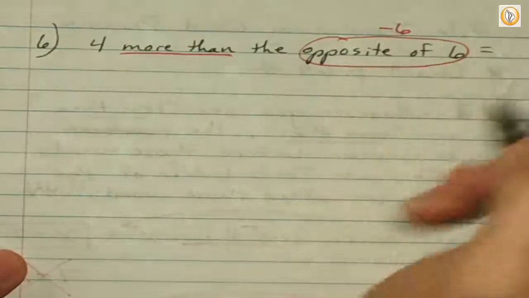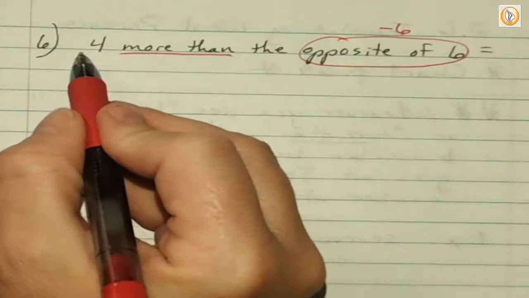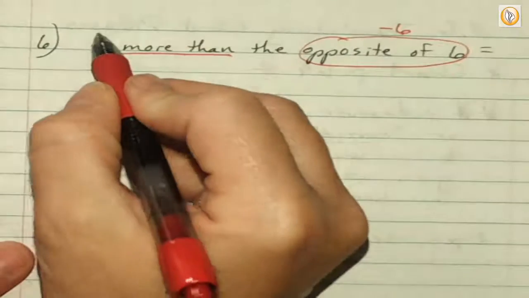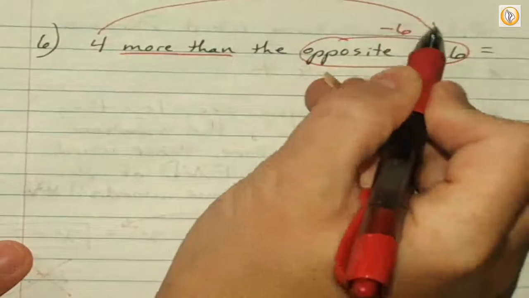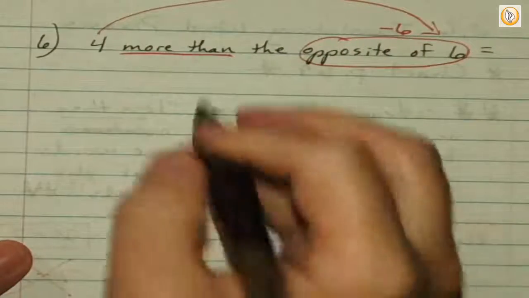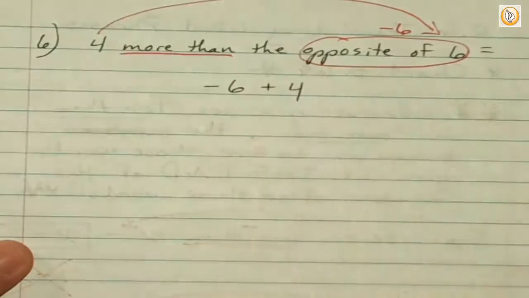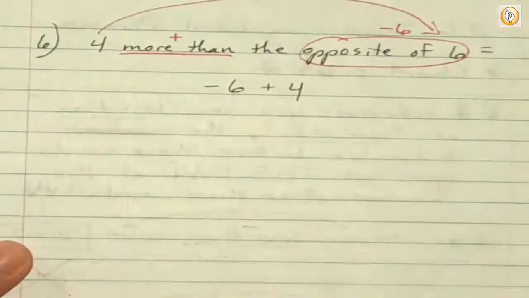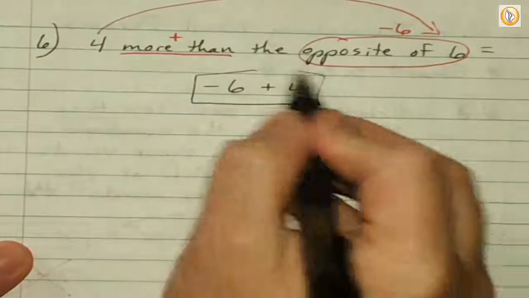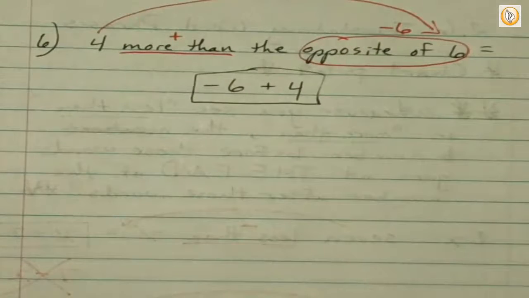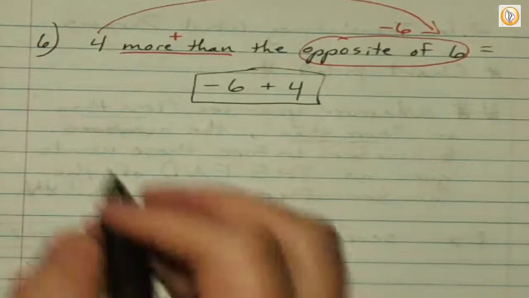Very good. So where's the 4 going to go? After the negative 6. So how would you write this? Oh, and I forgot to say more than is plus. Y'all should have all those little things written there. Any question about that? Look for all your clues.